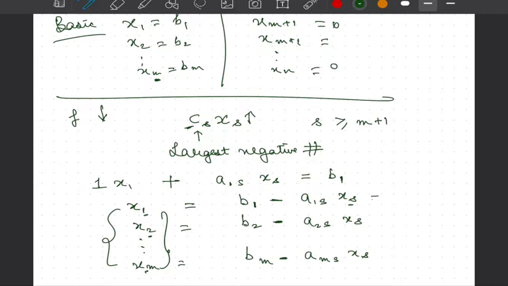Whichever would hit zero first, we cannot go beyond x_s from there. For example, if x_s equal to 2 makes one equation equal to 0, whereas another equation becomes 0 if x_s is equal to 1, then if we increase x_s slightly beyond 1, our basic variable x2 is going to get negative, which is not acceptable.